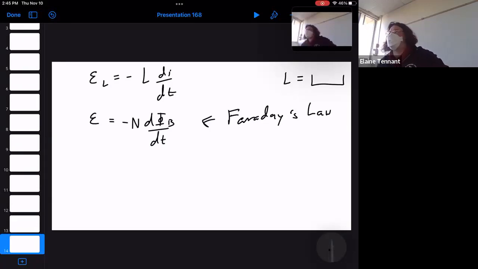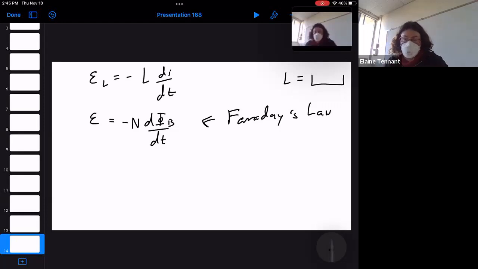I've kind of played it fast and loose last chapter, where I didn't talk about this N, where N stands for the number of loops. We added it in at a few different spots, but basically, if I have 2 loops of wires, I'll have twice as much EMF. And if I have 3 loops, I'll have 3 times as much, because each wire has its own area vector. Sound? Okay, cool.